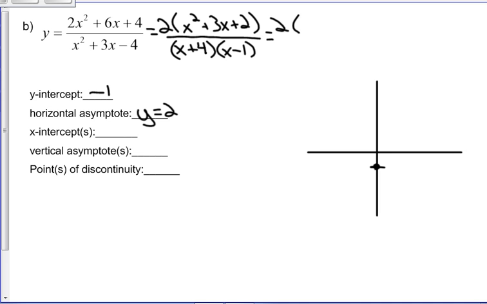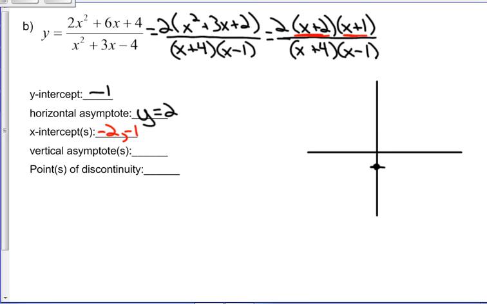This gives us 2, x plus 2, x plus 1, all over x plus 4, x minus 1. Okay, now we're ready to do the rest of our analysis. X-intercepts are going to be factors of the top only. So x-intercepts at -2 and -1. Let's put those in, -2 and -1.